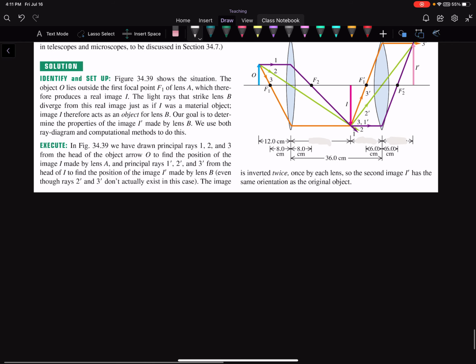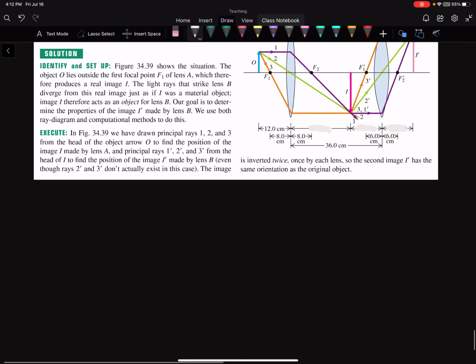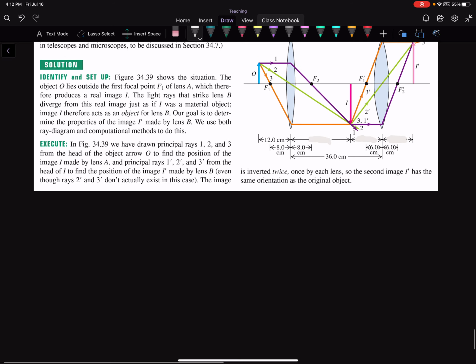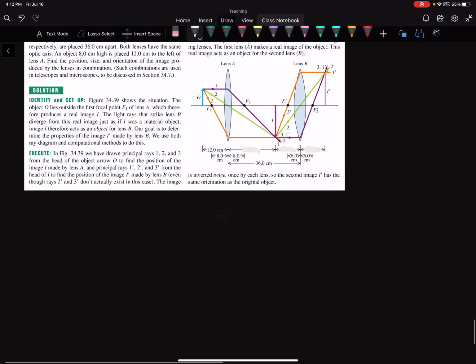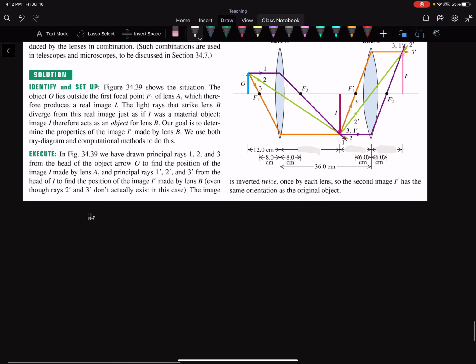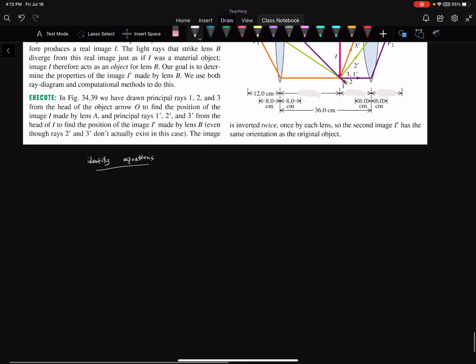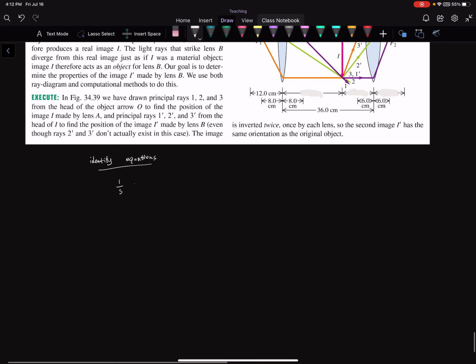So we're going to sketch and identify the equations. So we've sketched, or they have sketched for us, and the equations, identify equations. We're going to use the thin lens equation: 1 over s plus 1 over s prime is equal to 1 over the focal length.